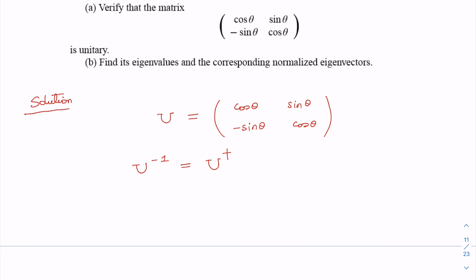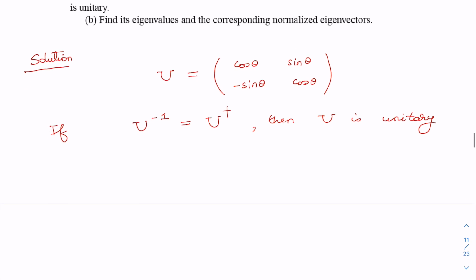So if U inverse is equal to U dagger, then U is unitary. First of all, let me find out U inverse.